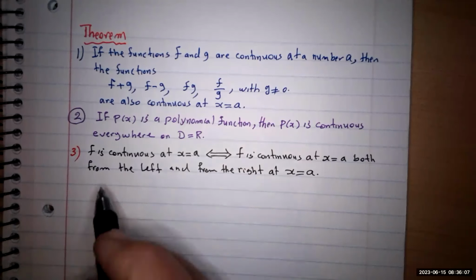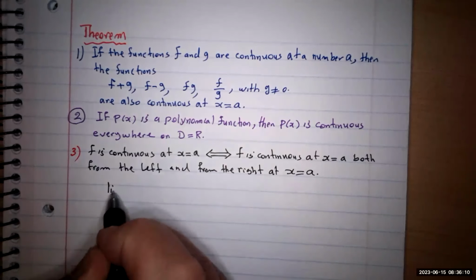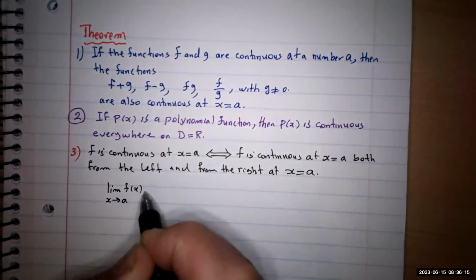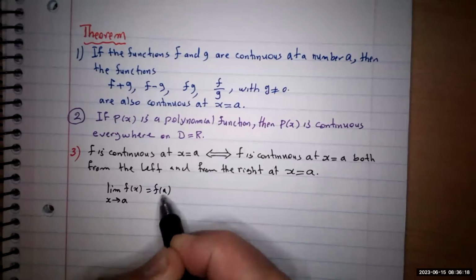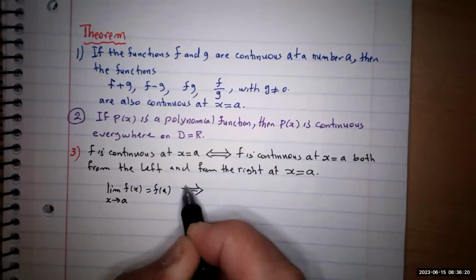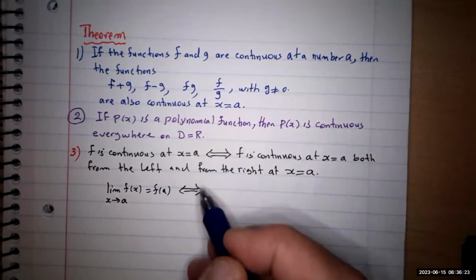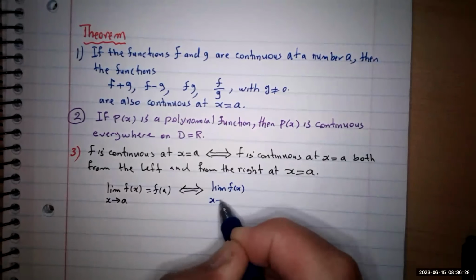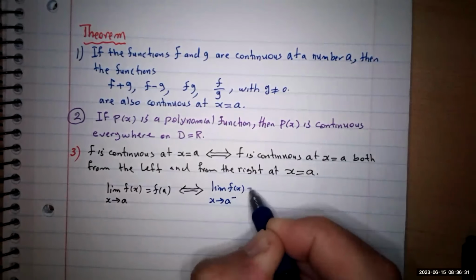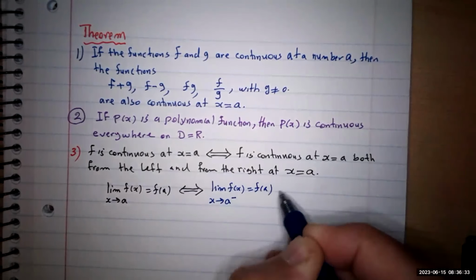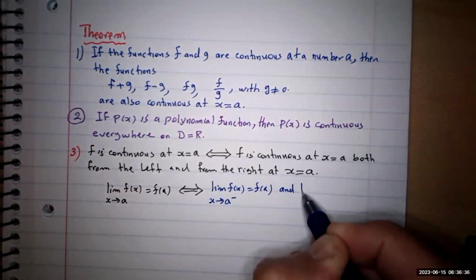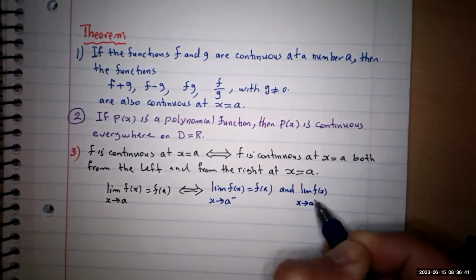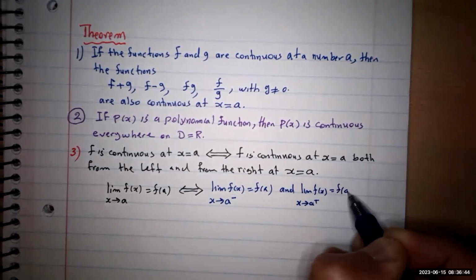So this simply means, the reason is this one: the limit of f of x as x goes to a is equal to f of a, if and only if the limit of f of x as x goes to a from the negative side is equal to f of a, that's the left limit, and the limit of f of x as x goes to a from the positive side is also equal to f of a.